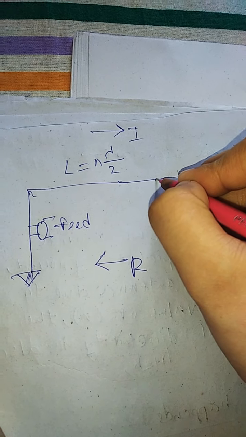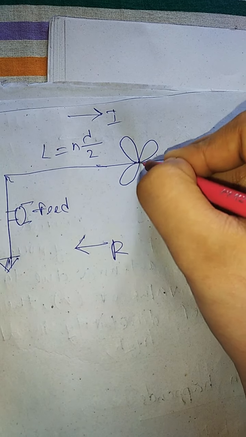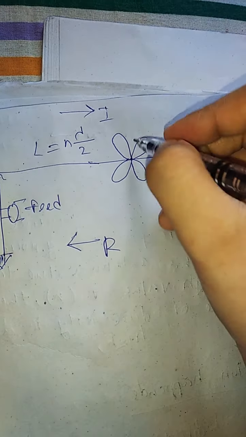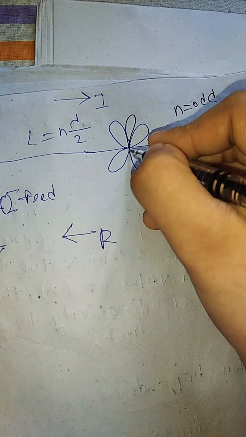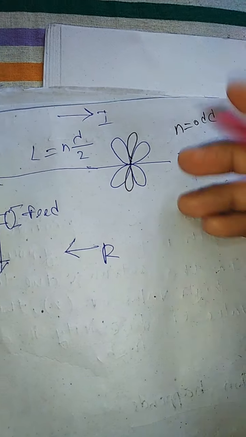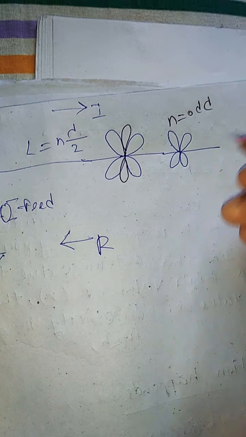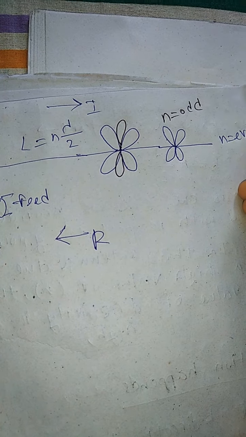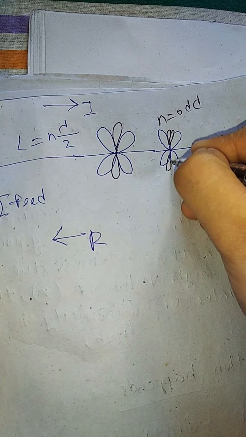The radiation pattern will have 4 major lobes. If n is odd, then 2 minor lobes; if n is even, then 4 minor lobes.